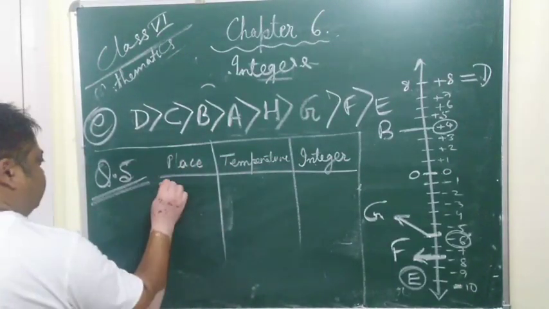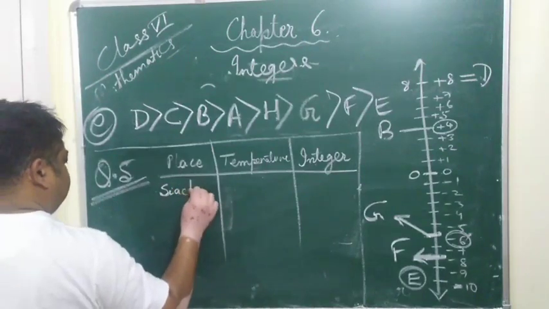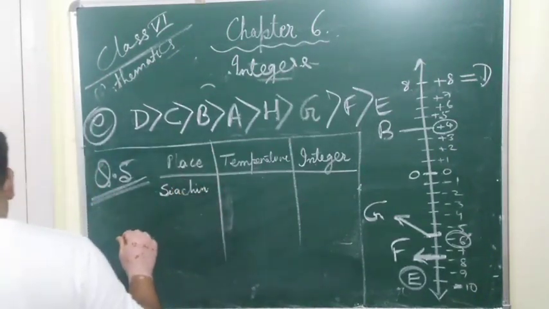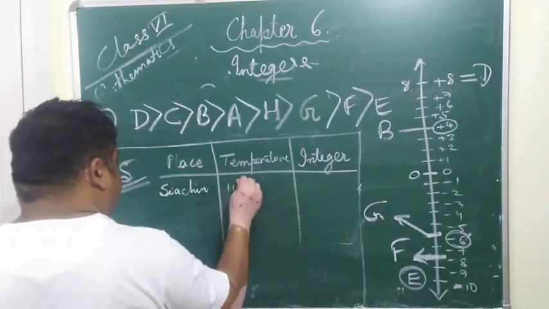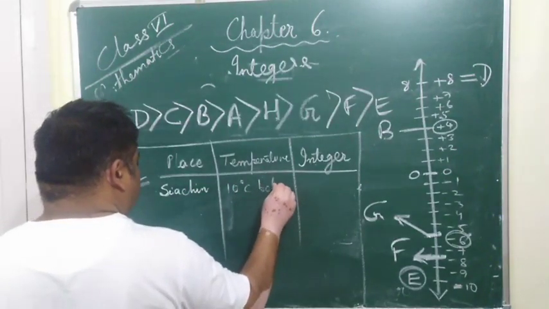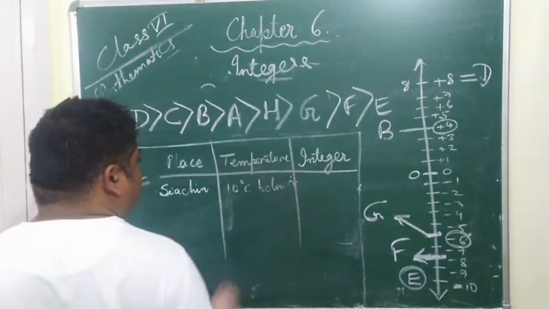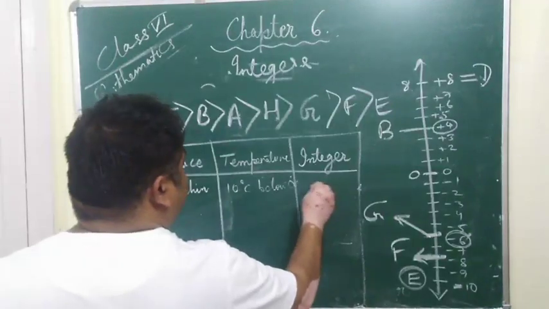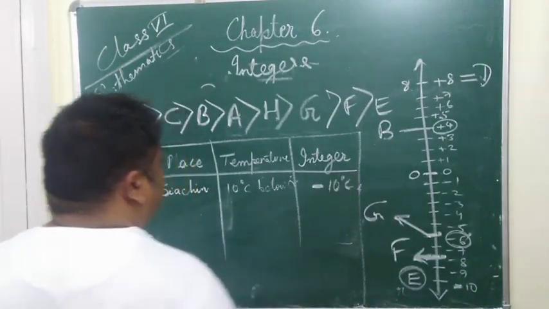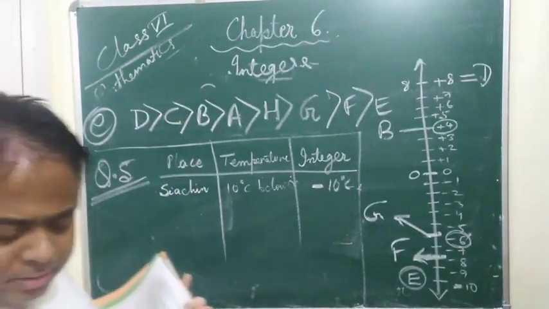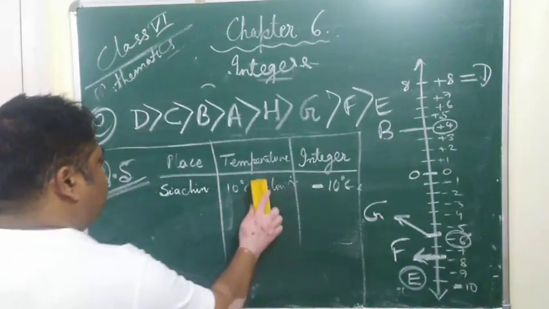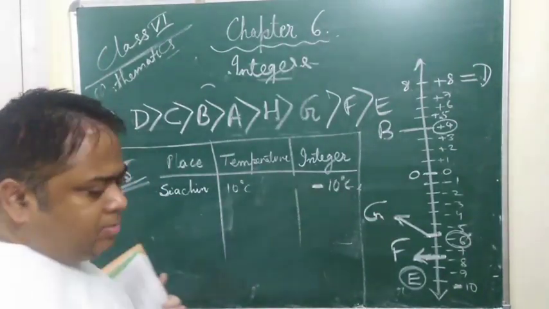First is Siachen. 10°C below 0°C will be -10°C.